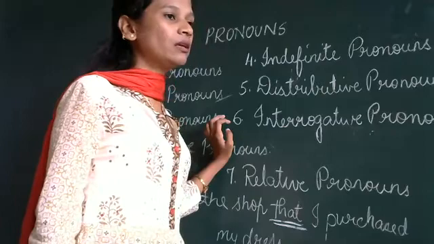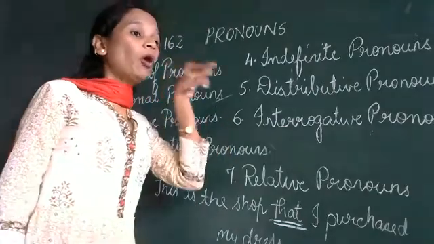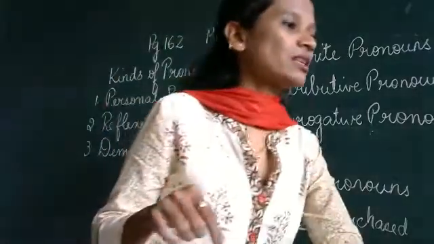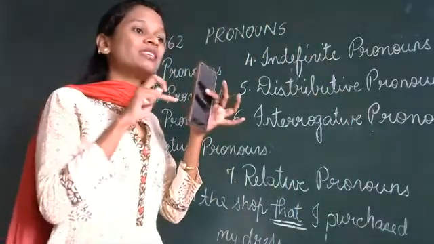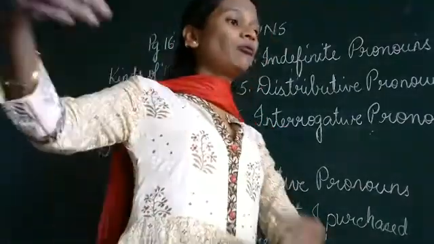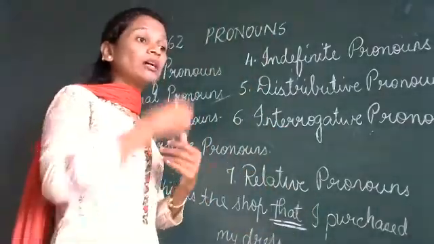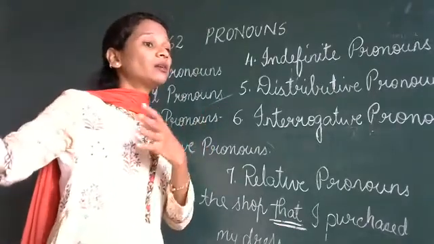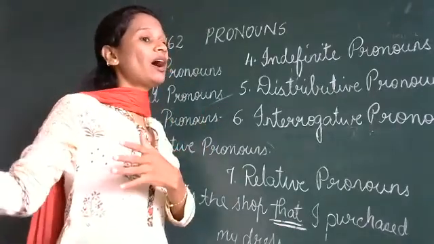Indefinite pronoun is nothing but that points out to some things. This is my book. Now, for example, I have a phone here. This is my phone. Okay, that is my book. That is my house. These are the flowers.